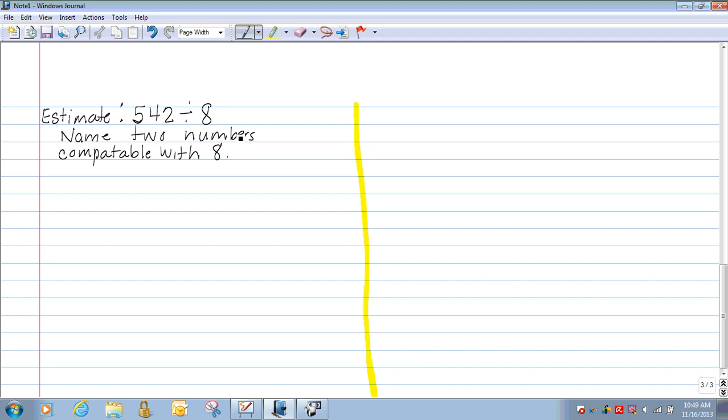Let's think this through. I want two solutions. What two dividends can I estimate that will be compatible with 8 to give me a reasonable number?